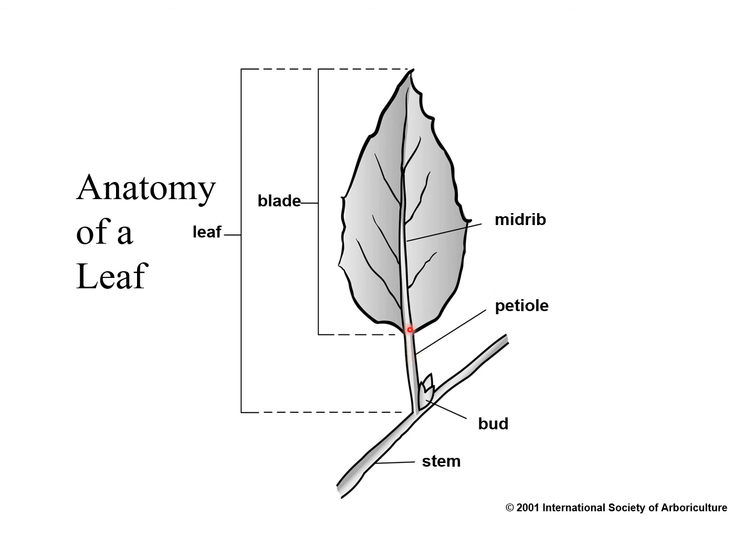Petiole is the stem that attaches the leaf blade to the twig. The midrib is the portion of the leaf that runs down the center of the leaf blade. The bud sits between the base of the petiole and the twig.